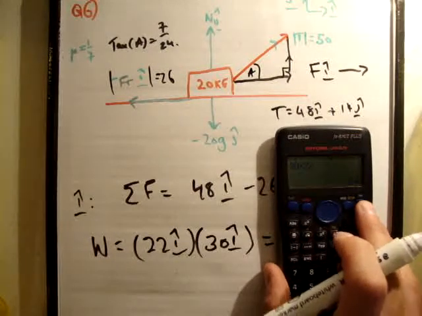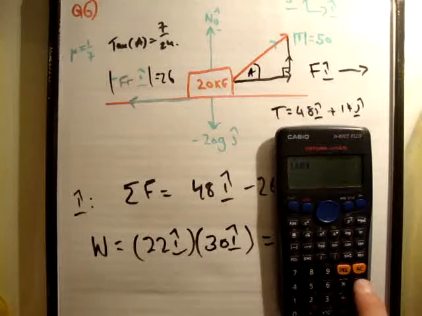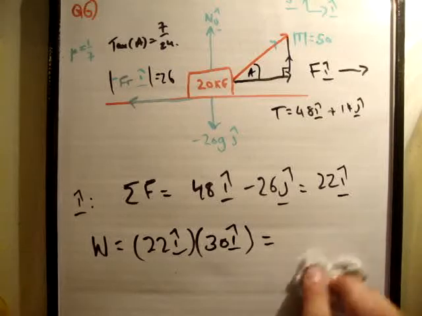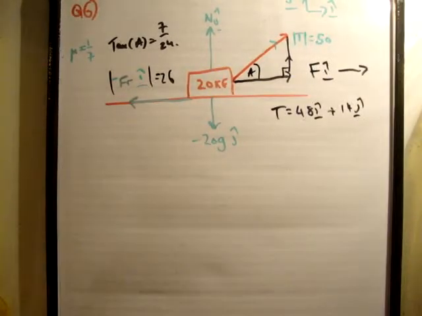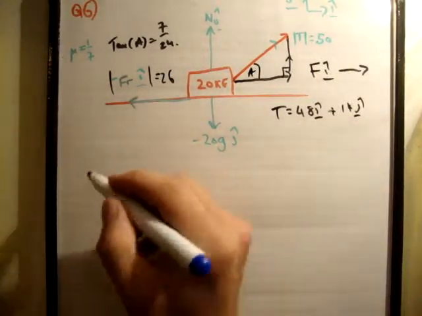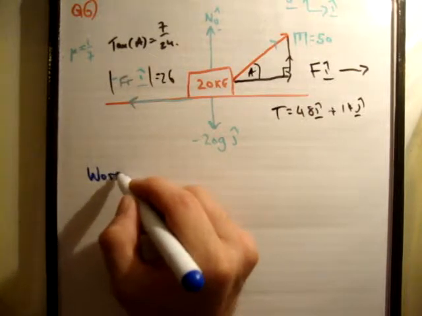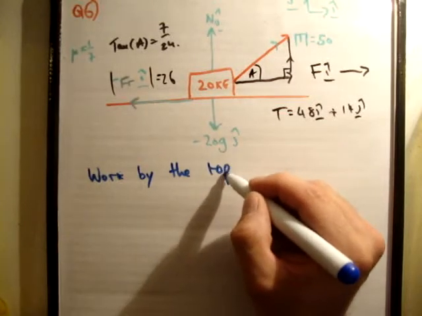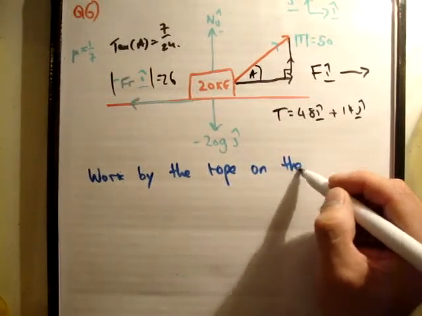Just bear with me just one moment. Okay, so 1440 divided by 30, 48. Oh, I know, I'm after copying my mistake. I worked out the work done by the net force on the body, but that's not what we're asked. We're actually asked, I'm just going to write it down, we're asked to work out the work done by the rope on the toboggan.